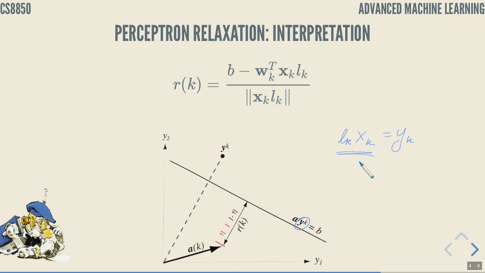It is our modified data sample that's scaled by the label, basically minus 1 or 1.